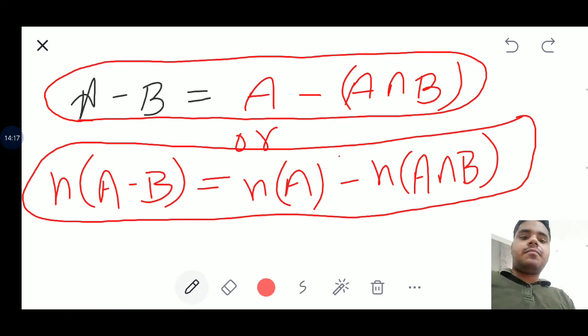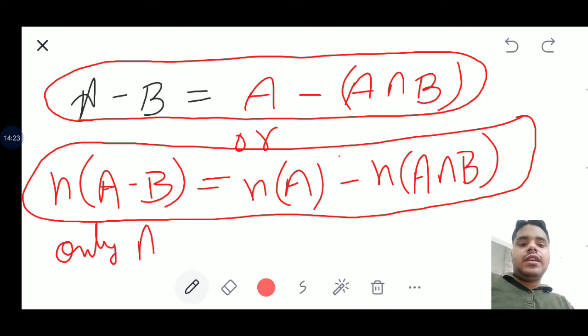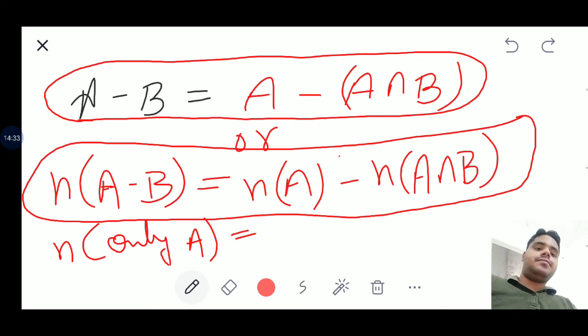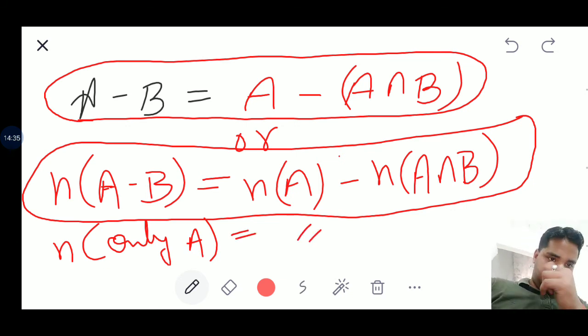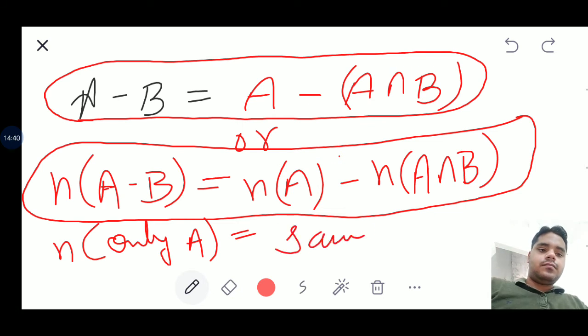Whenever A minus B is asked, or write it like this also, in language, only A: number of elements in only A, n of only A, is equal to this. Same. Just note down this formula.